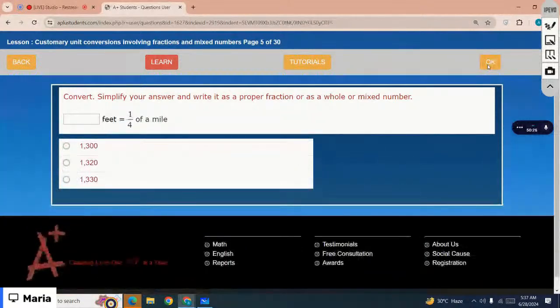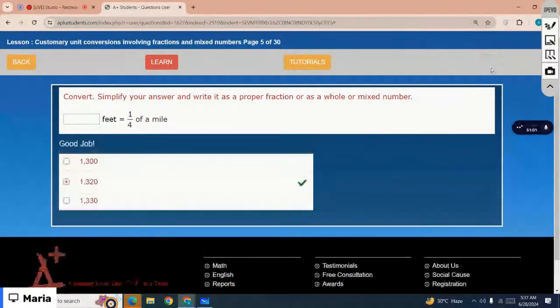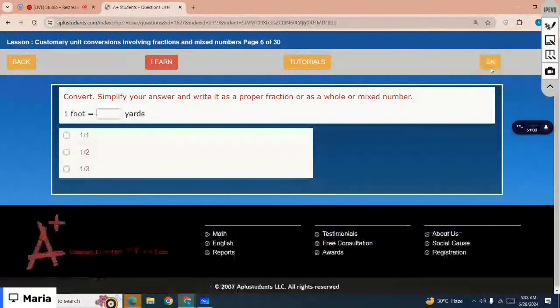1/4 of a mile is that is 1,320, right? Option number two is the correct option. 1 foot equals how many yards?